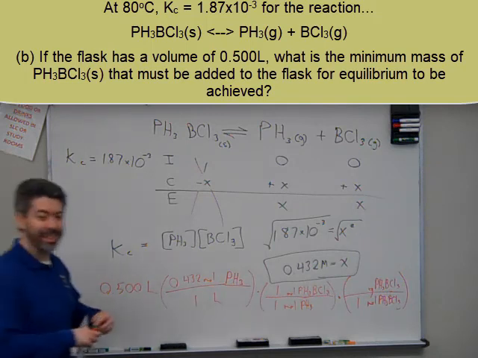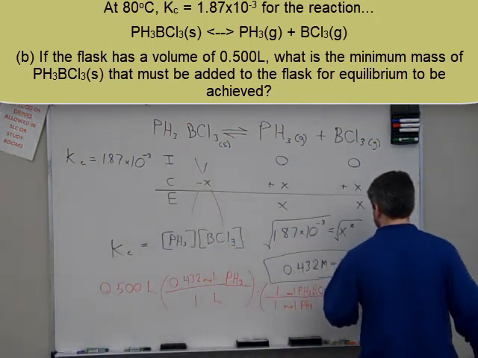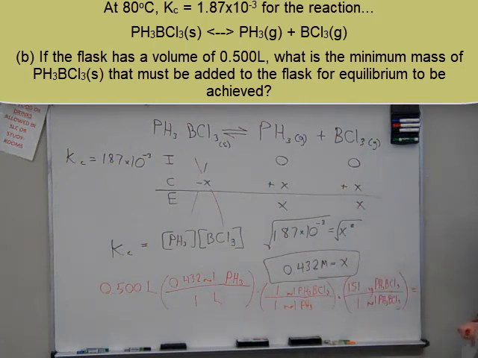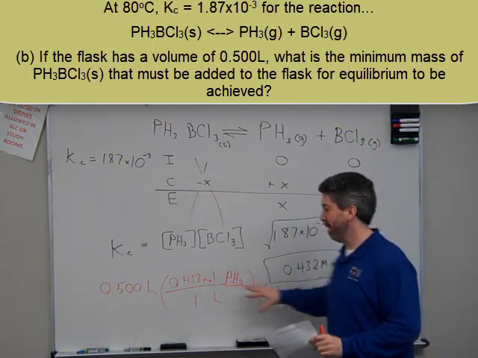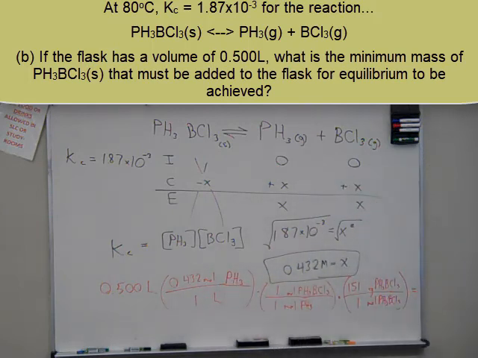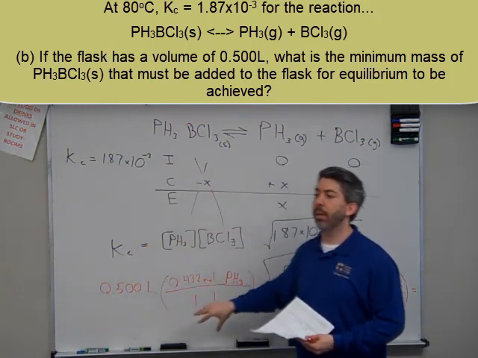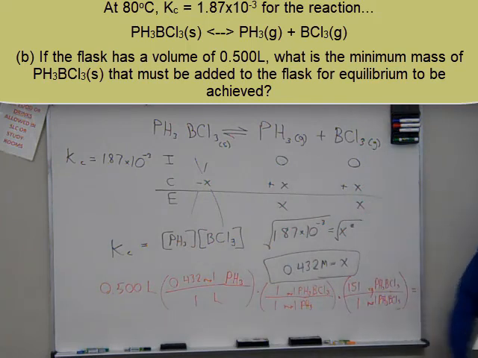Okay. So there you go. You can multiply everything on top and divide by the bottom, and that will give you the value. That will give you how much PH3BCl3 must be present in the flask to begin with in order to achieve equilibrium. Cool. Good job.